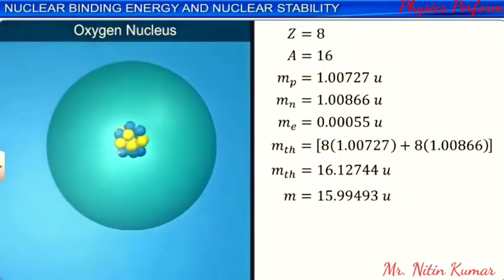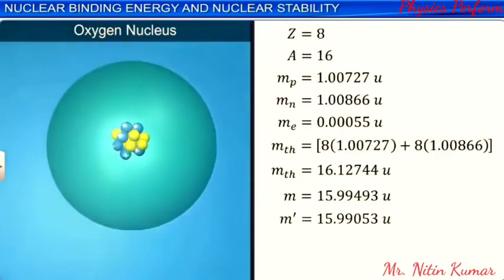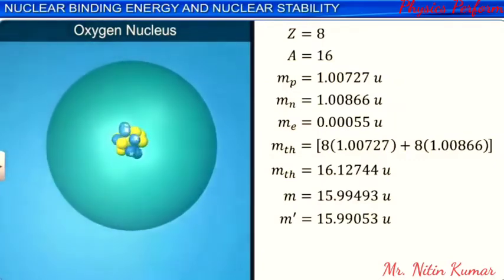Hence, we observe that there is a difference between the theoretically expected mass of the nucleus and the actual mass of the nucleus, which was determined experimentally, and this difference is observed to be 0.13691 AMU.